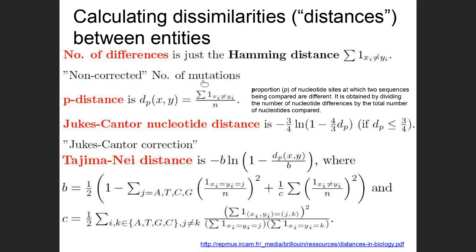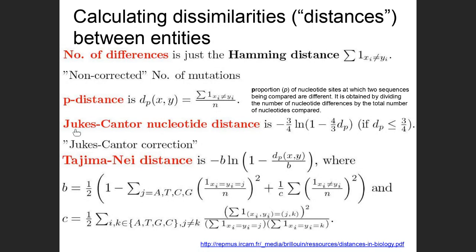And then somebody said, well, if one string is longer than the other, then we need to account for the length of the strings. So that's called the p distance. It's the proportion of the nucleotide or amino acid sites, if you compare amino acids, where the two sequences are different.